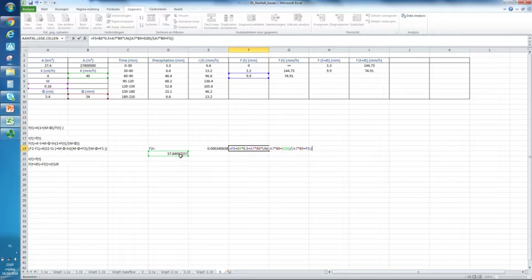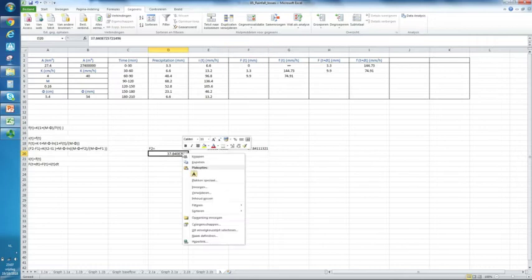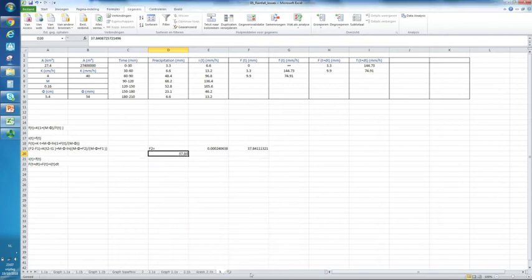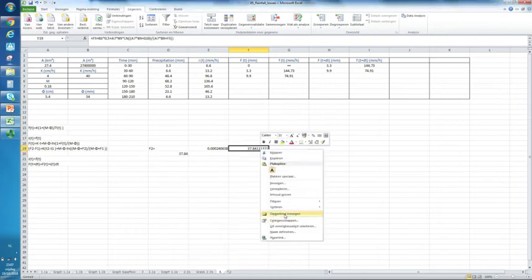And then we should get a value now out of this formula that is almost equal to 37.84. And that's correct, 37.84. Of course, there is a small error, but that's really, really small.